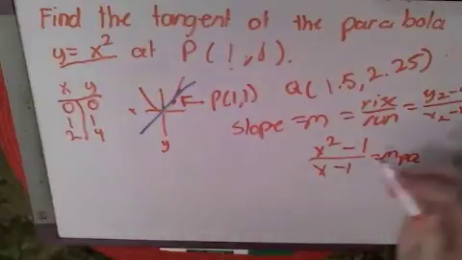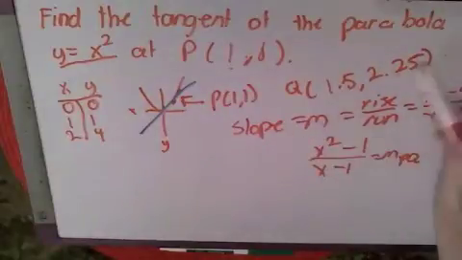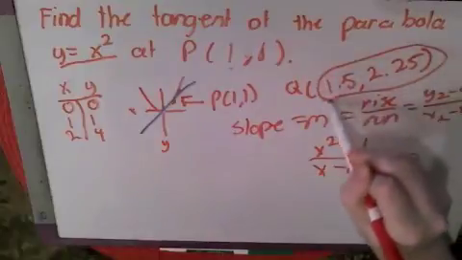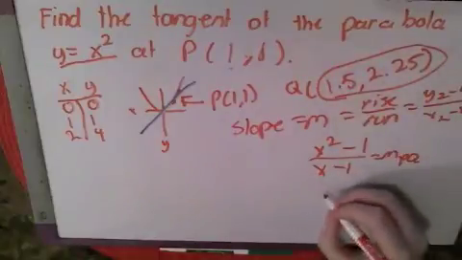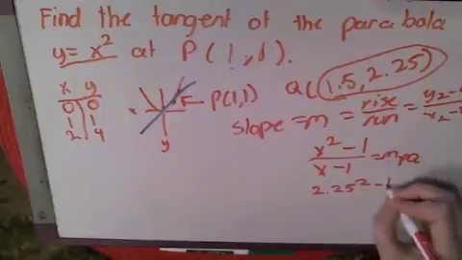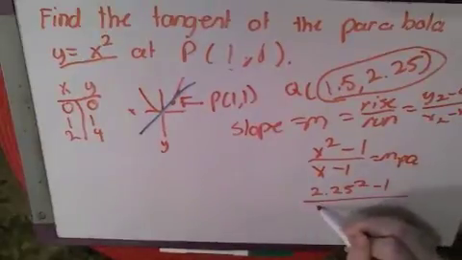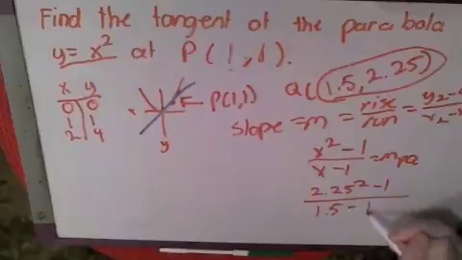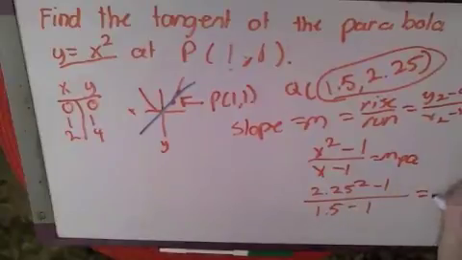So just plugging in our points for Q that I'm circling, and when you put that into the calculator, you get a value of 2. Therefore, your slope m_PQ equals 2.